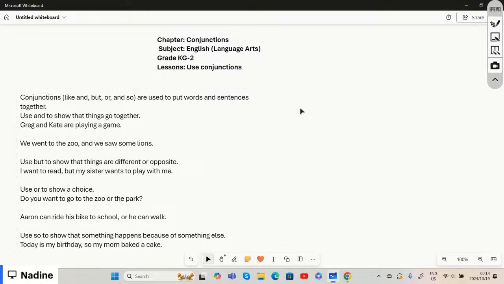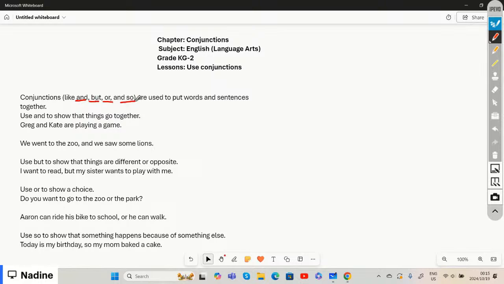So these are conjunctions. And once again, we say conjunctions are words like and, but, or, and so. Conjunctions are used to put either words or sentences together, using and, but, or, and so.